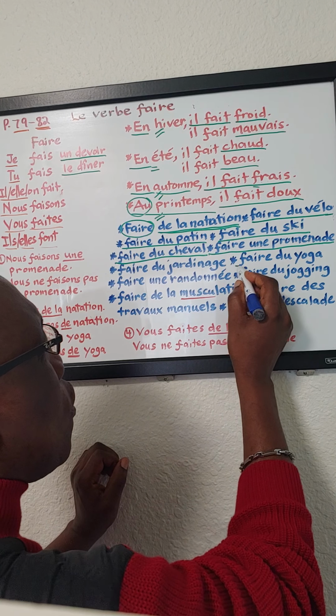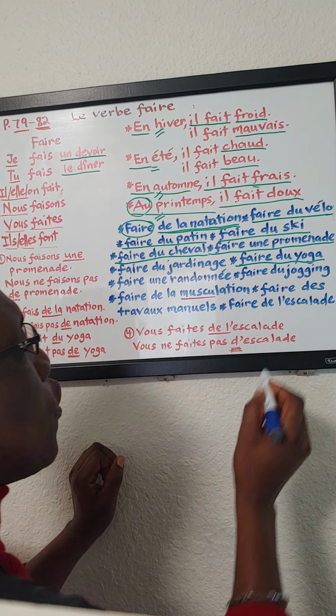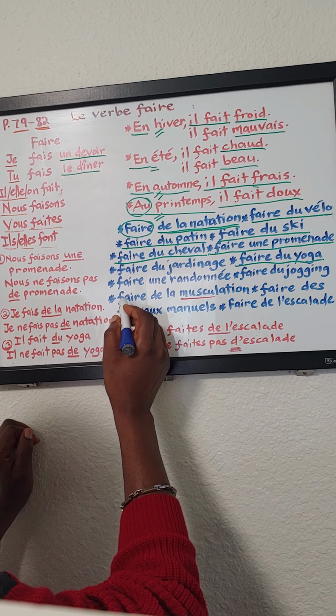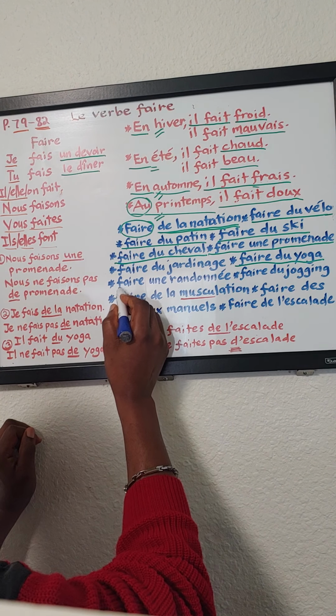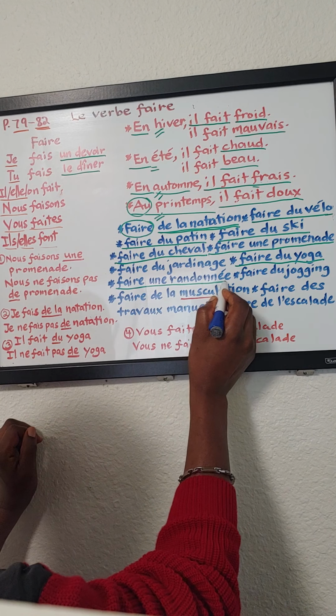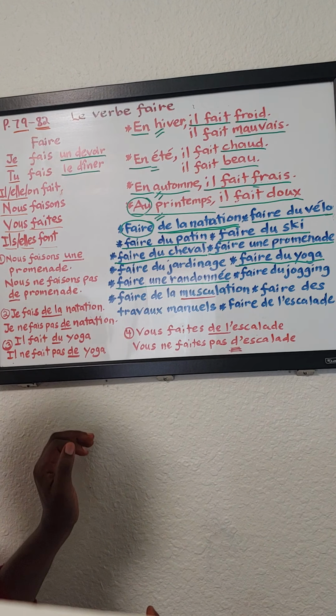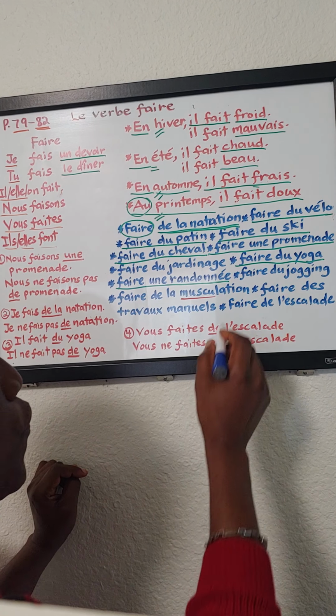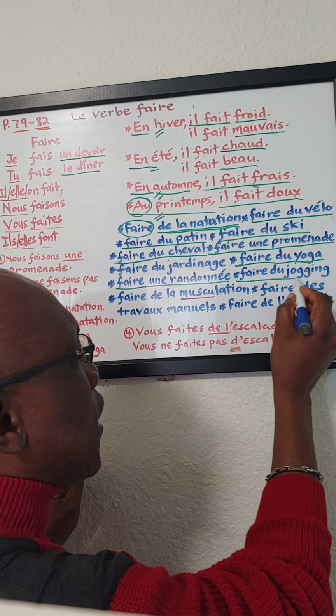Faire du yoga. To do yoga. Okay. Faire une randonnée. To go hiking, right? To hike. Faire du jogging.